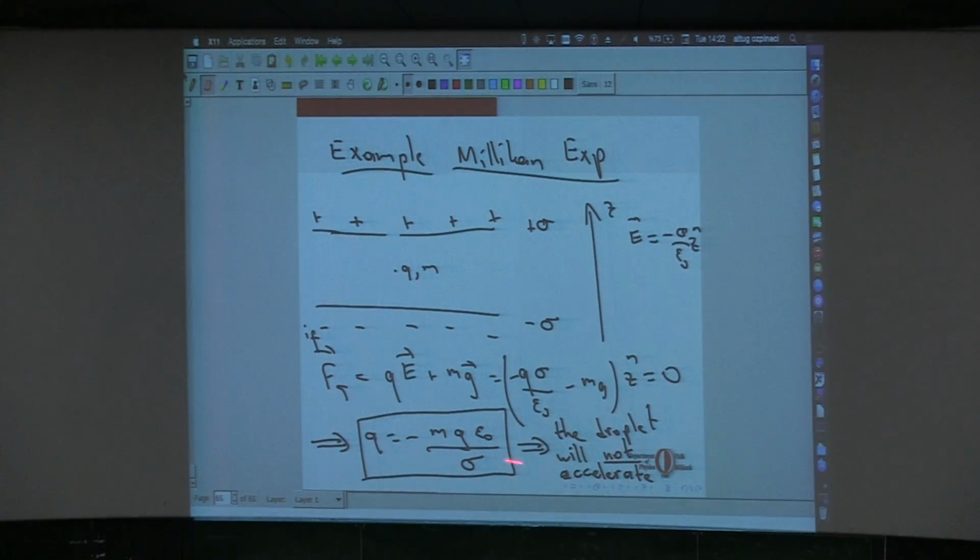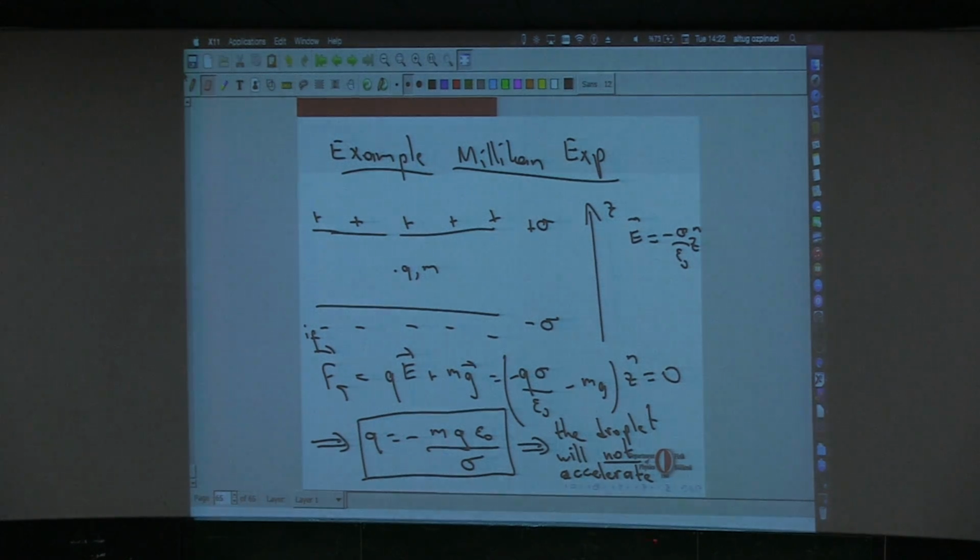And when he did this experiment, he actually could see some droplets hanging in the air. So since there are some droplets hanging in the air, it told Millikan that the charge of that droplet has to be given by this expression. Well, sigma is something he prepared, so he knows the value of sigma, gravitational acceleration, he knows epsilon 0, he knows the mass.